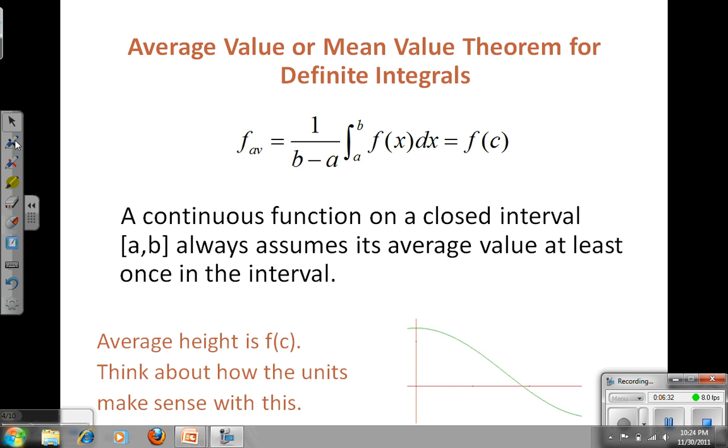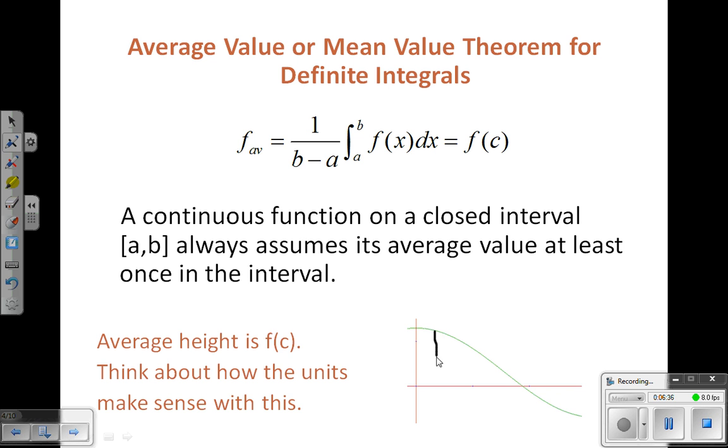If I come over here and let's pick black. So how about if I have A right here, we'll call that A, and then B over here. So if I come down here and say B is right there, okay, the area that's in this region, I'm looking for f average.